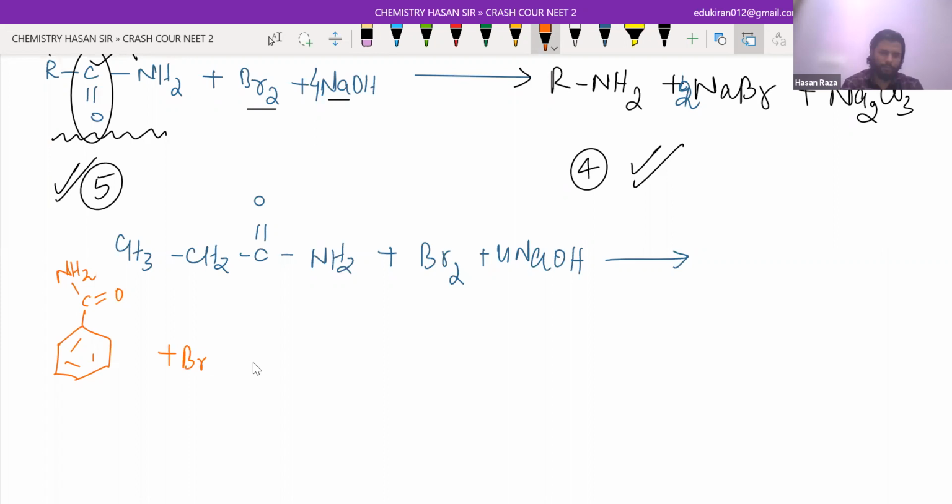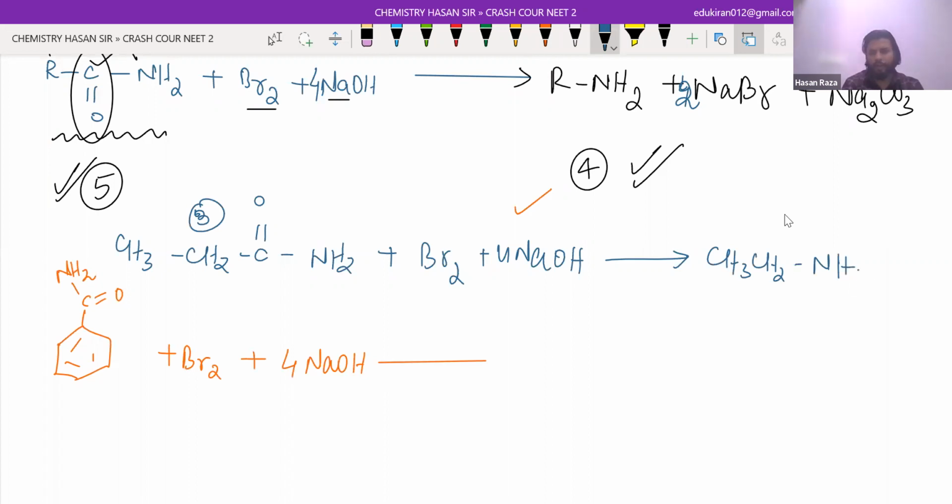Very good. What is the name of the product that you have got here? Have you solved it? Yes. What is the name? You can see how many carbon is there? 3 carbon. Ethanamide. That's good. And the rest is your byproduct that you will be getting, NaBr as well as Na2CO3. Please do this.